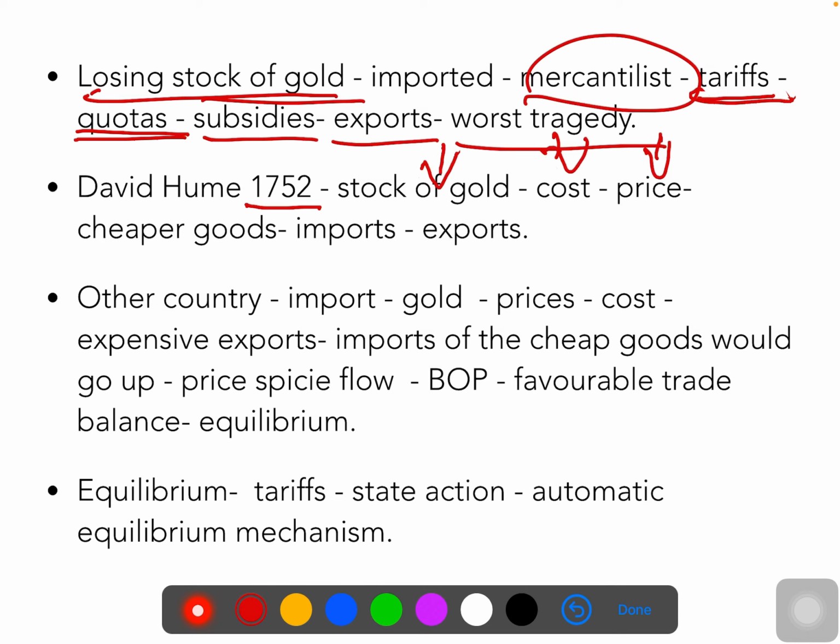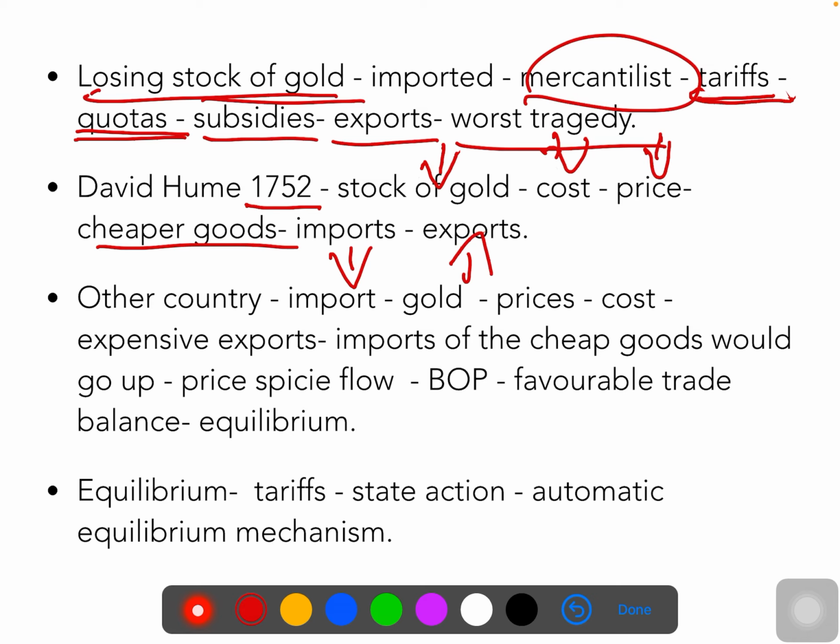Everybody will be fine. Also, with cheaper goods at home, you will get all goods at cheaper prices. Imports would fall and exports are going to increase in this situation.